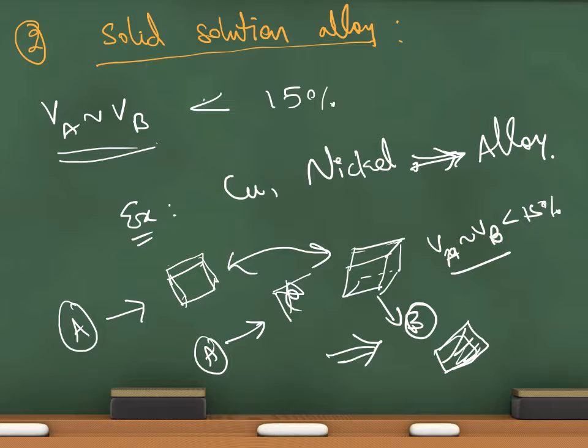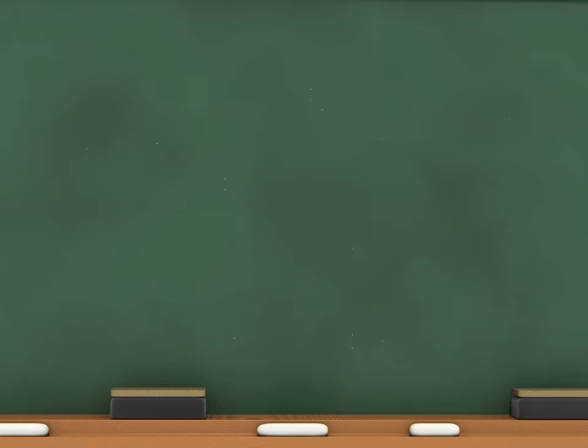And next, we will have the third type, that is the chemically combined alloy.